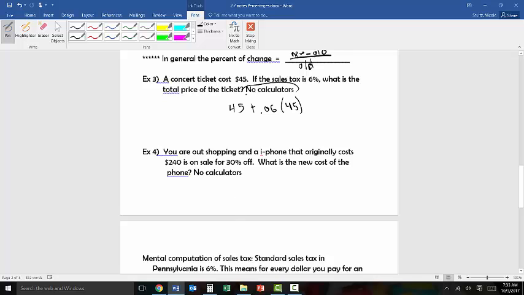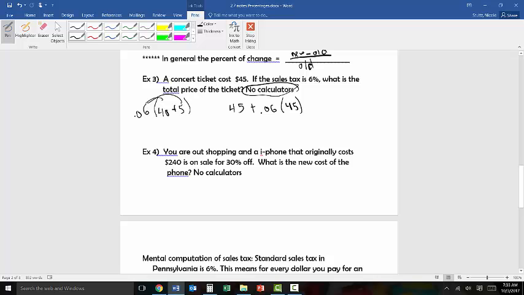Now this says no calculators, and here's why. You can do 45 times 0.06. What I like to do is I like to write 40 plus 5. So when you multiply a decimal with a whole number, you actually can ignore the decimal.